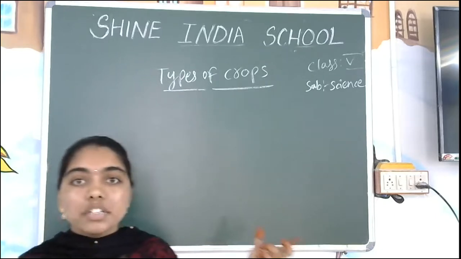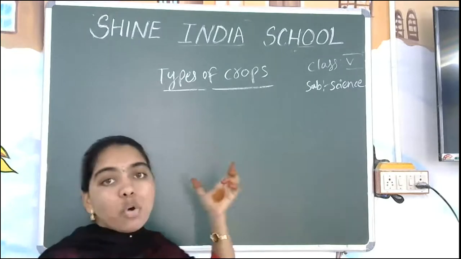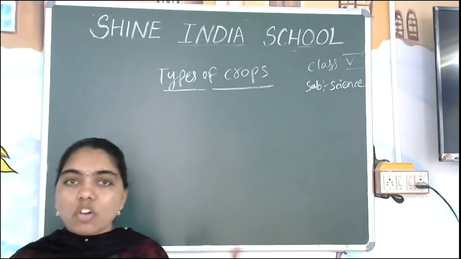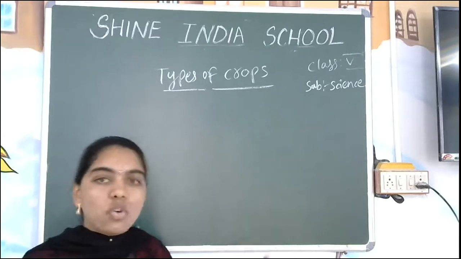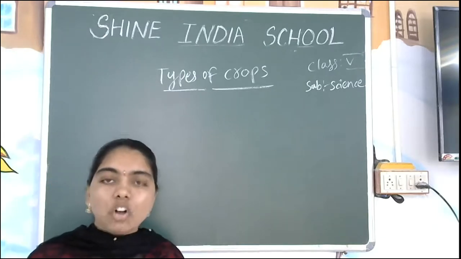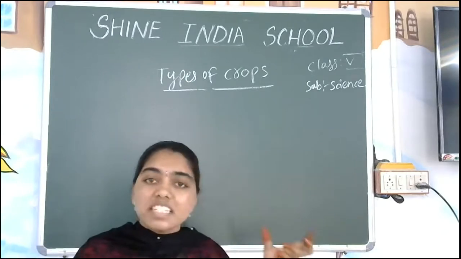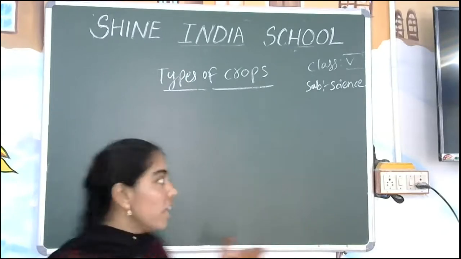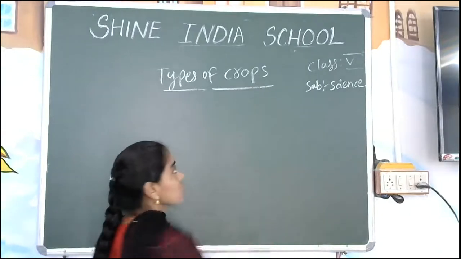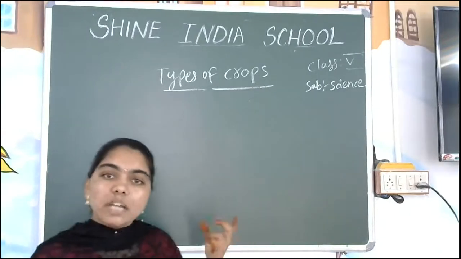Now here we are going to know about the types of crops. What types of crops will there be normally? Yes, wheat, jowar, mustard, corn, all these types of crops. The types of crops depend on the seasons. According to the seasons, types of crops can be divided.